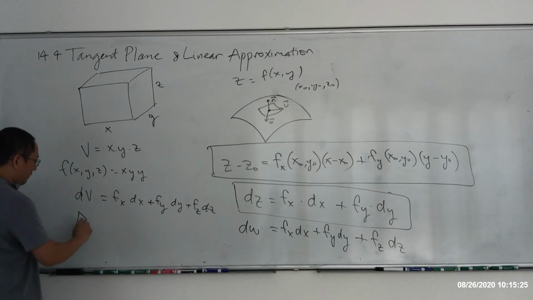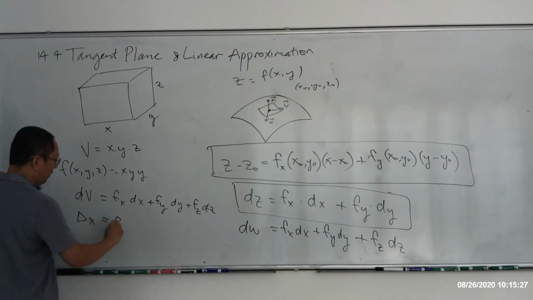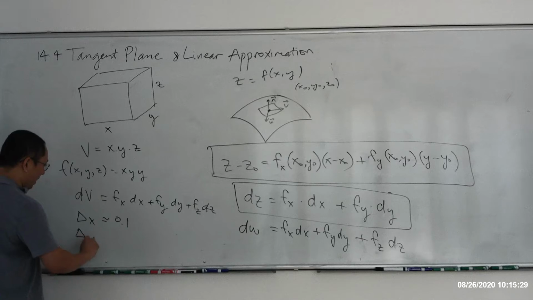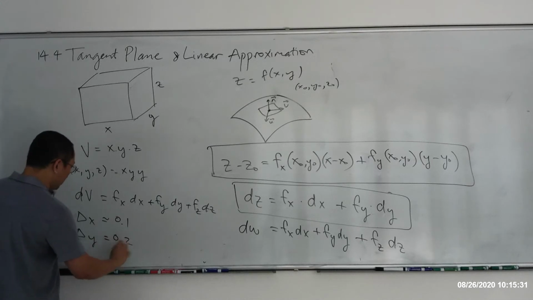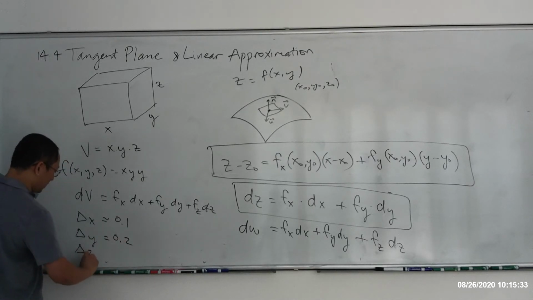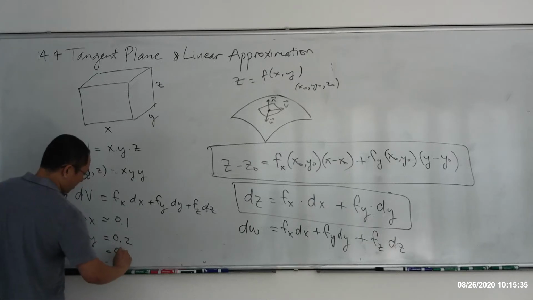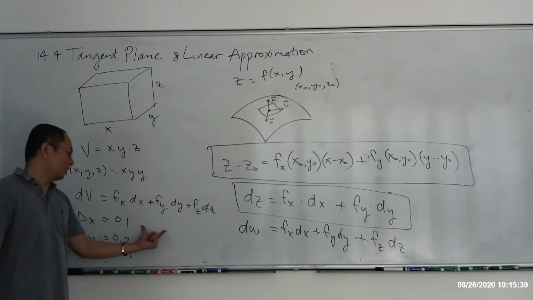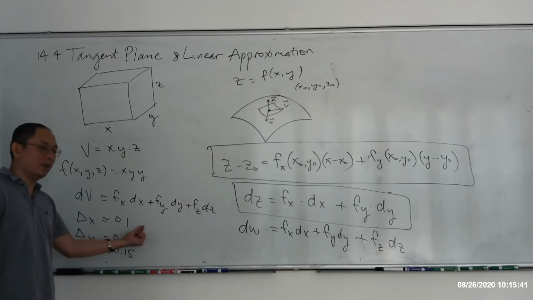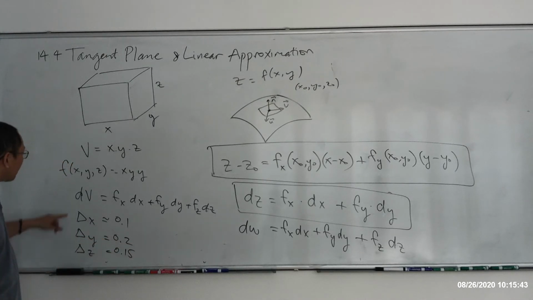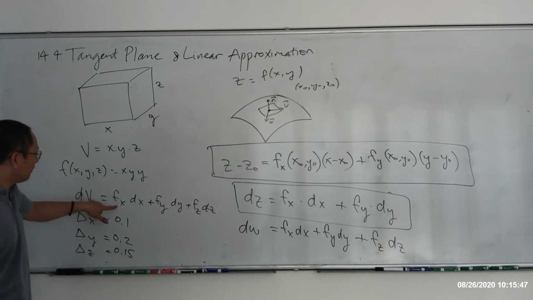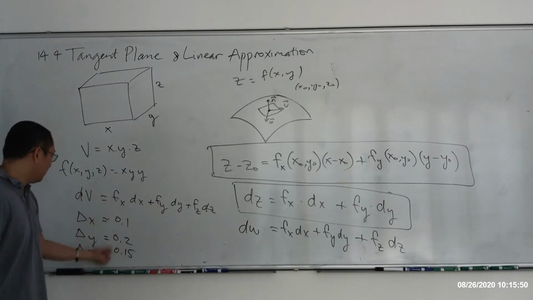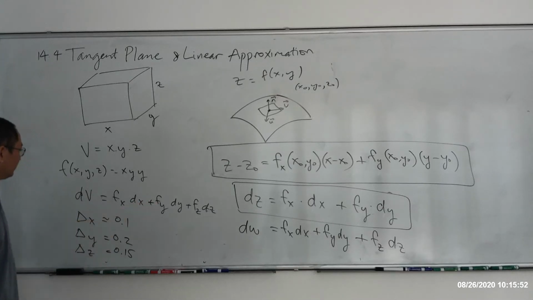The error for x is about 0.1, the error for y is about 0.2, the error for z is about 0.15, for example. Can you calculate with some unit length right here? Okay, say centimeter, millimeter, or something. Okay? And then you can calculate the error for calculating the volume. What? You calculate fx, fy, fz, and then plug in those numbers for dx, dy, dz.